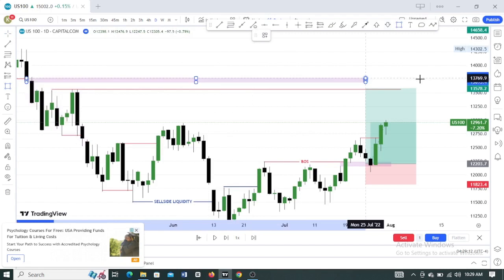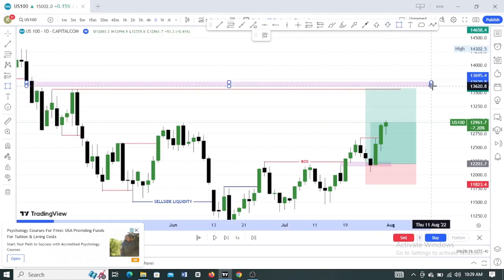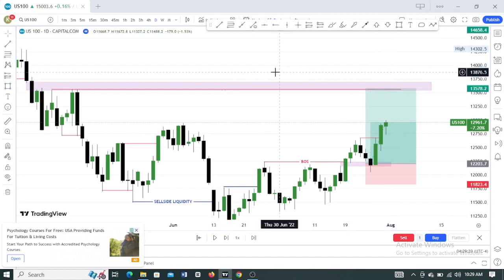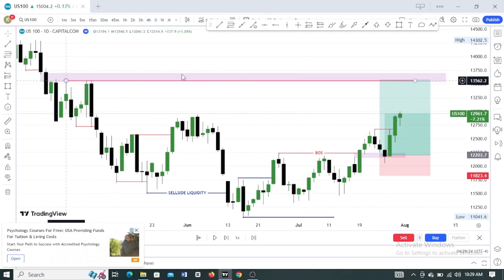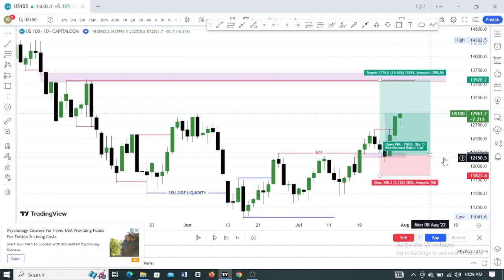We have a fair value gap here. That's potentially where we could see the market reversing, because these are relative equal highs and in a fair value gap. So this might be where the market is going in order for it to change direction to go to the downside again.